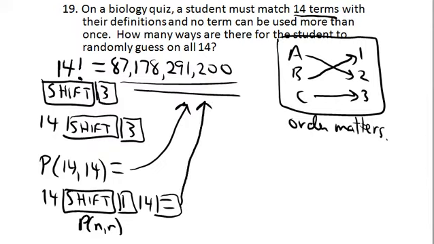Again, a factorial, a permutation where you take everything, in other words, where these two numbers are the same, is the same thing as a factorial. Let's keep going.